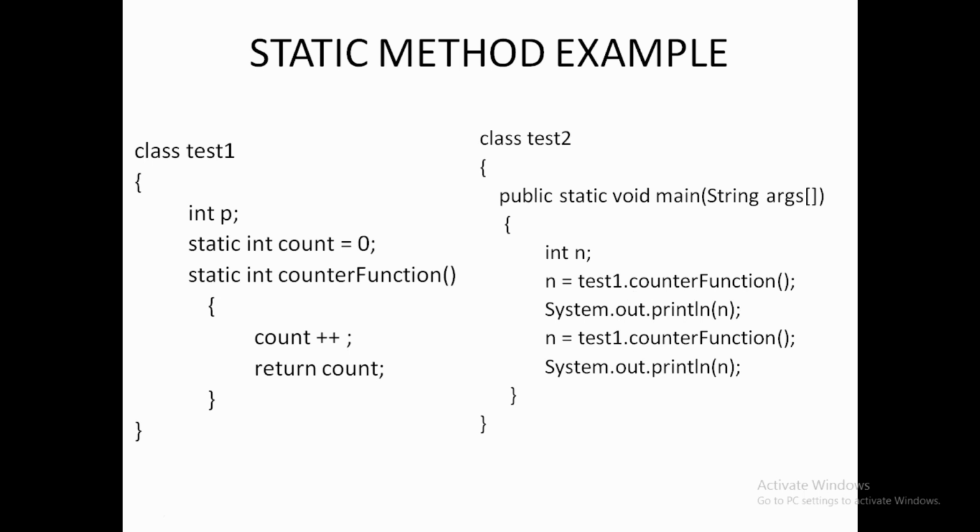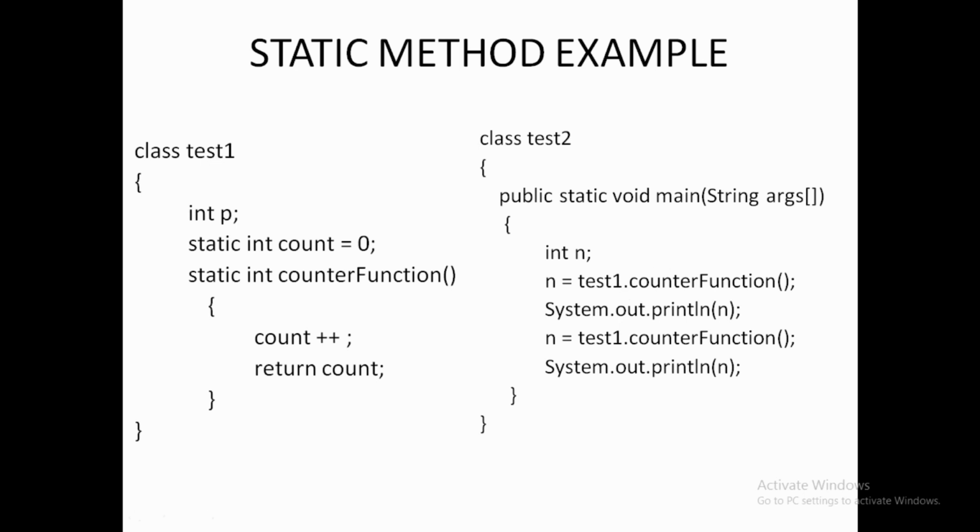This is the case for a static method. Whenever we want to access a static method outside the class where it is defined, we can use the class name and dot operator. No need to create any object.